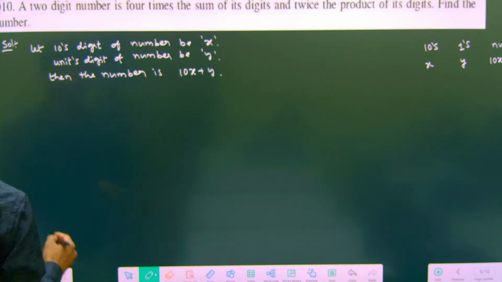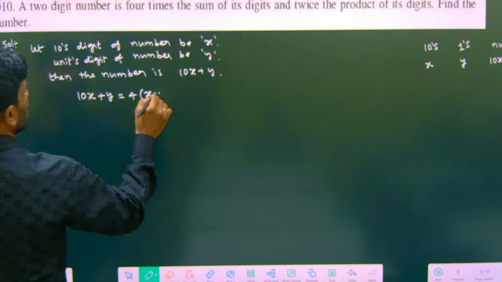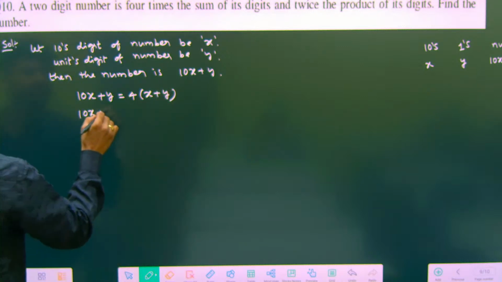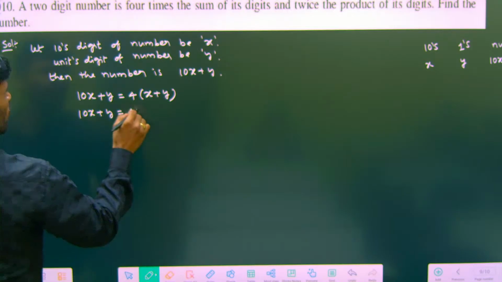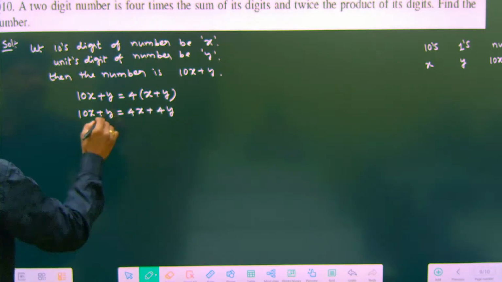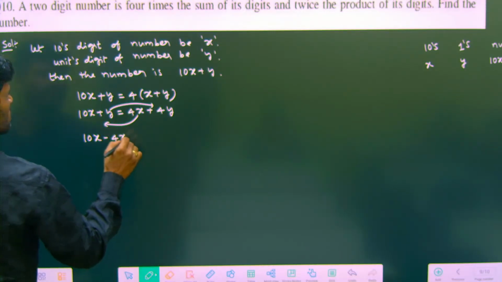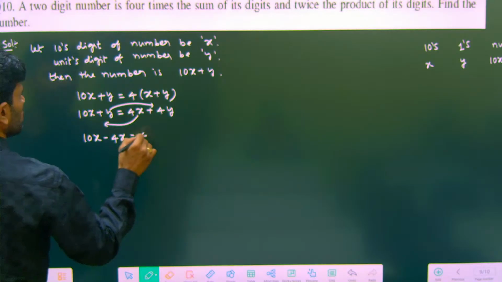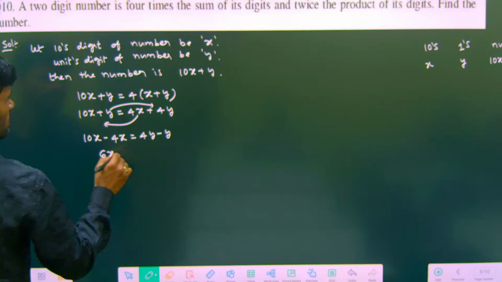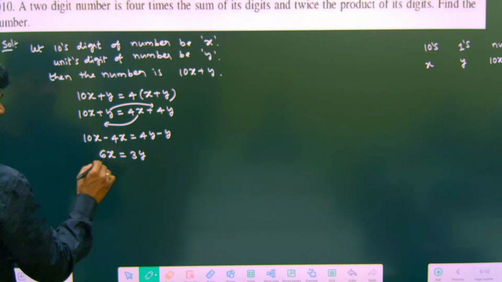Means 10x plus y is equal to 4 times x plus y. So from this, 10x plus y is equal to 4x plus 4y. Transpose y here and 4x here: 10x minus 4x is equal to 4y minus y. We get 6x is equal to 3y. We can divide everywhere by 3. So we get 2x is equal to y.